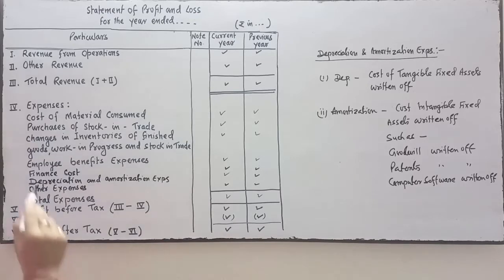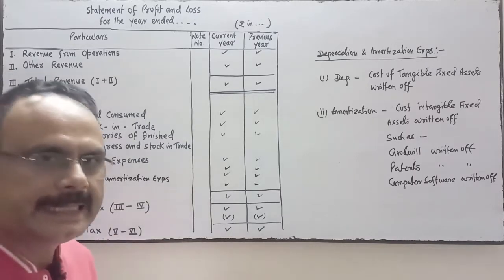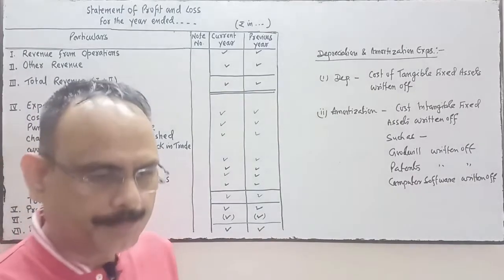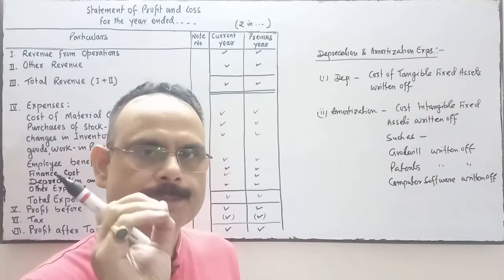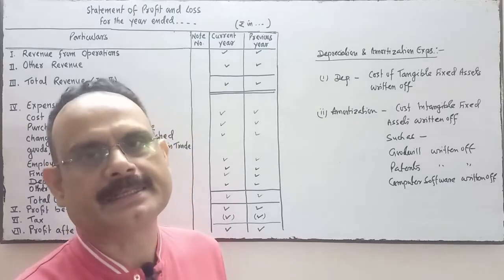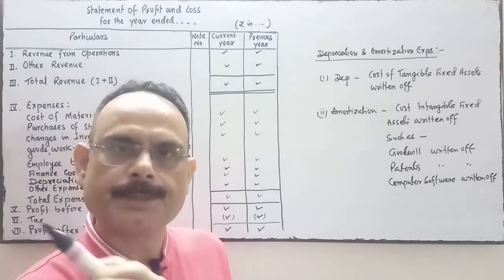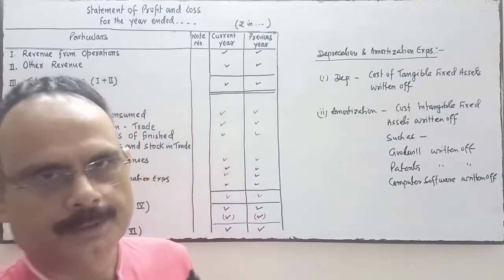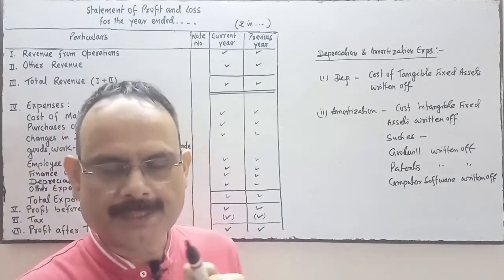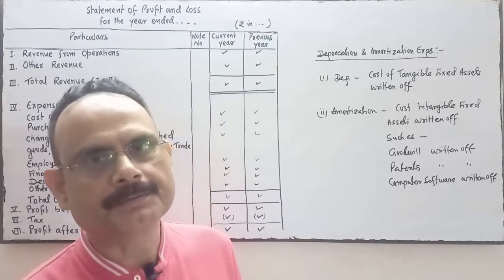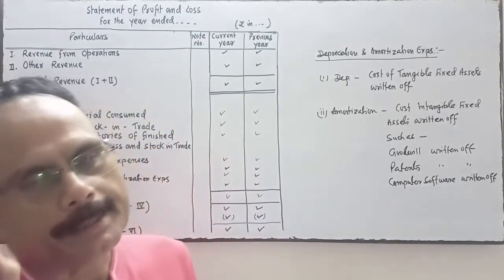After the finance cost, the next item in the expense line is depreciation and amortization. Depreciation means when we are charging depreciation on tangible fixed assets, when the tangible fixed assets are written off during their lifetime, it is called depreciation.